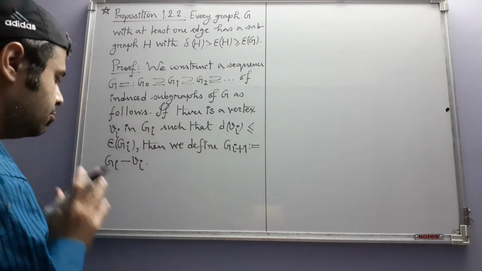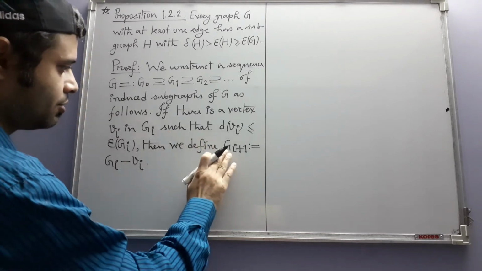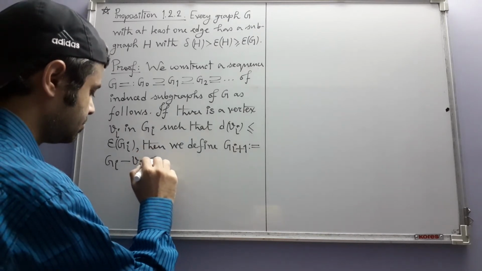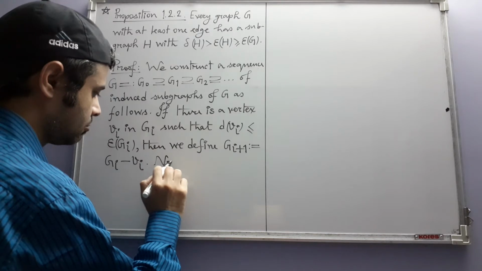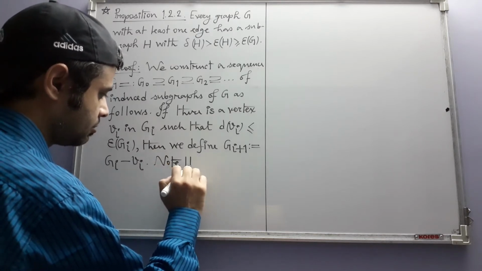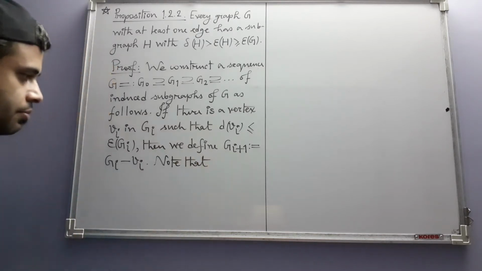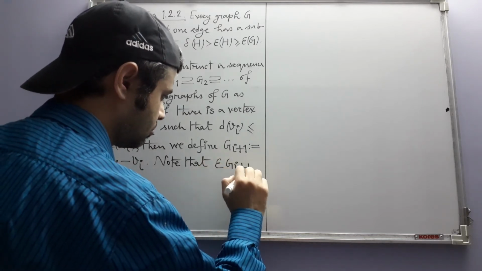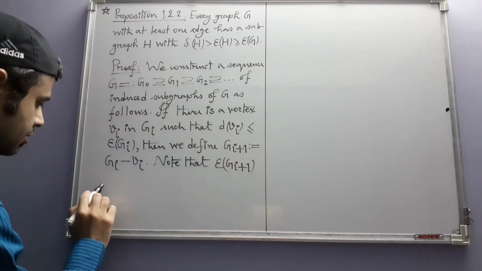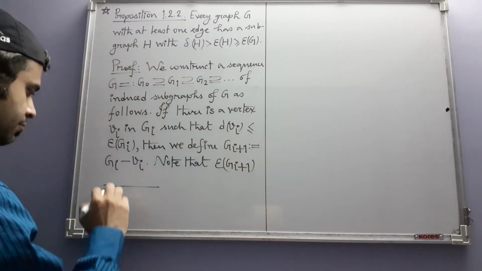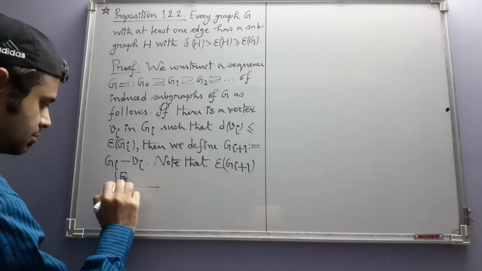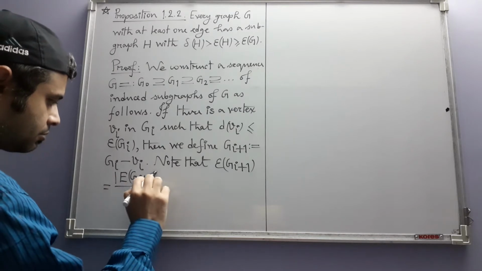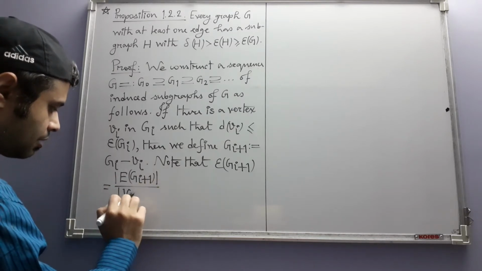Okay, now if we do this, what happens to the average degree of Gi plus 1? Let's see. Note that by definition the average degree is equal to the number of edges of Gi plus 1 divided by its number of vertices.